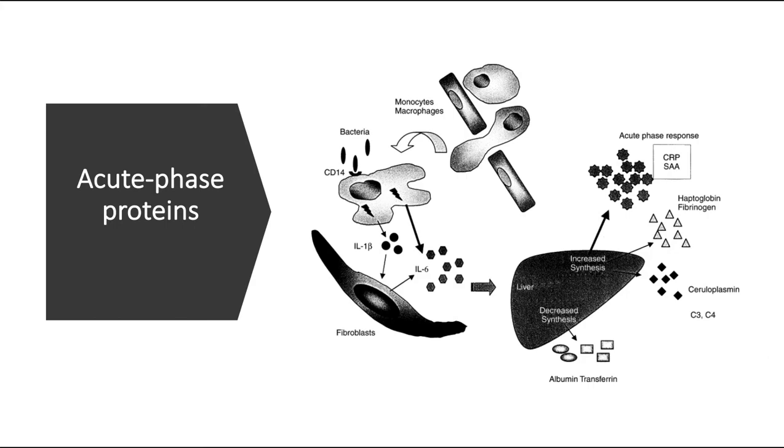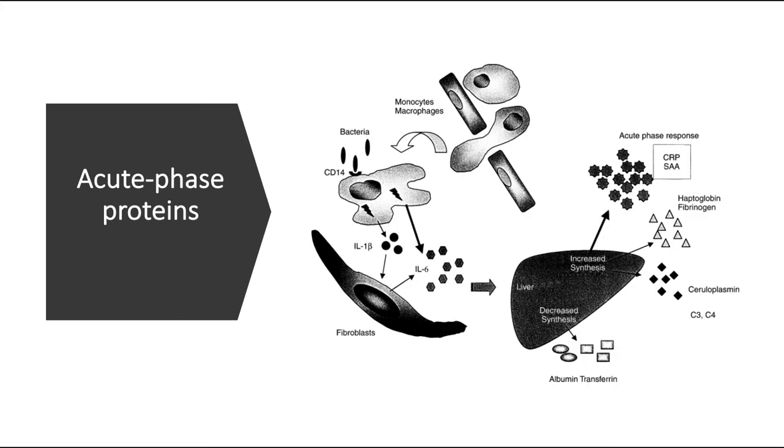Acute phase proteins are plasma proteins, mostly synthesized in the liver, whose plasma concentrations may increase several hundred-fold as part of the response to inflammatory stimuli. Three of the best known of these proteins are C-reactive protein, CRP, fibrinogen, and serum amyloid A, SAA protein.